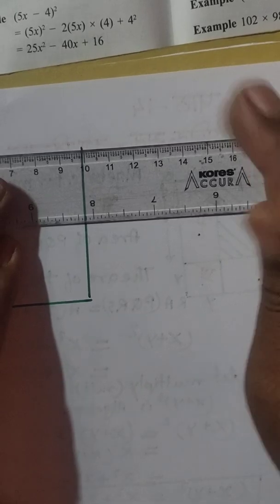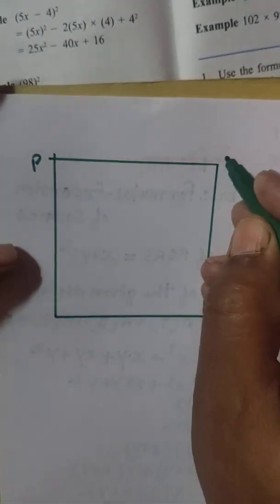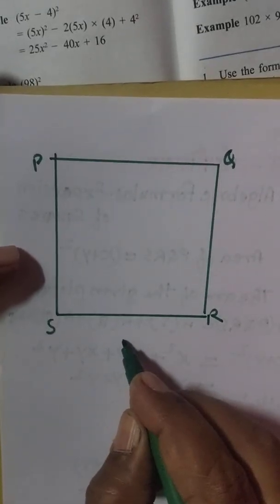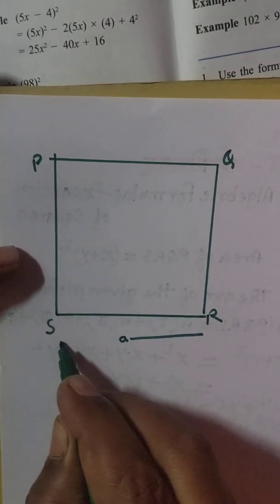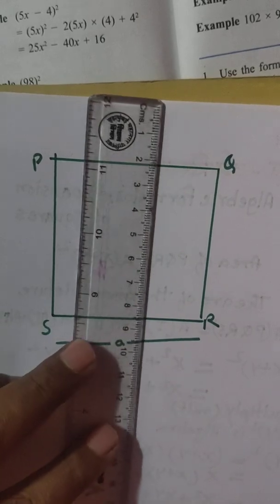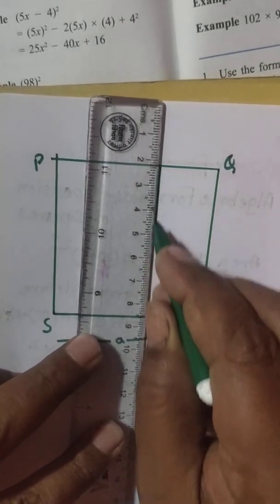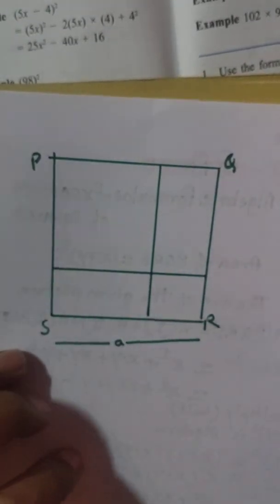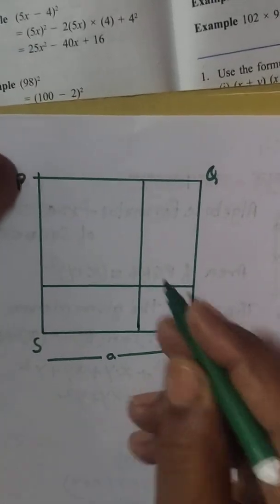Let us consider a square PQRS, P, Q, R and S. Let us consider this is the length of the square A. If you draw a line just like that, this type and this type, then you find there are 4 parts of this square.